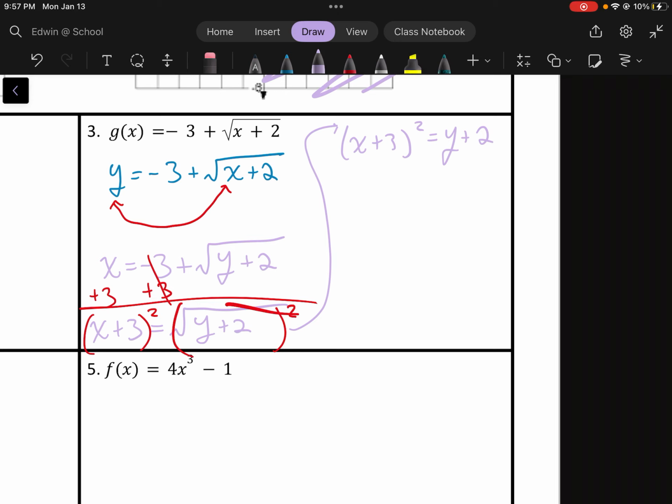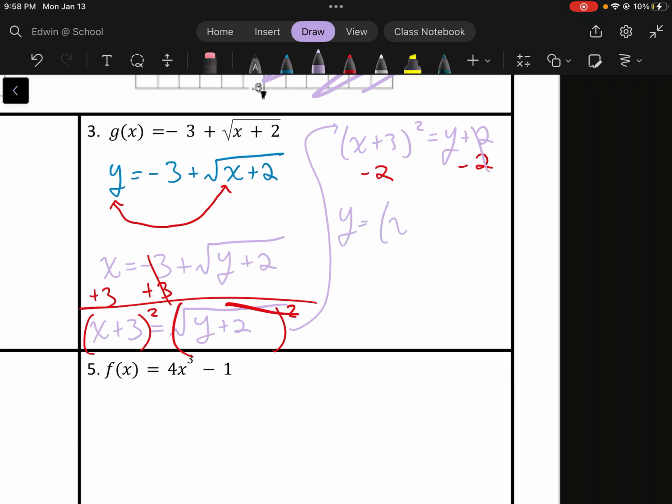And you can feel free and expand this term out, FOIL it out like how we did in one of the previous units. But if you notice, it's almost looking like vertex form, if you guys remember how that looks. So we can just leave it like that. The final step would be to subtract 2 on both sides. Cancels out right here.